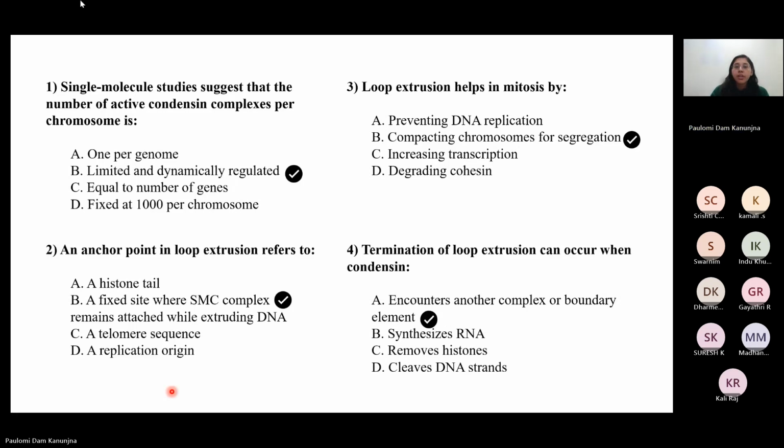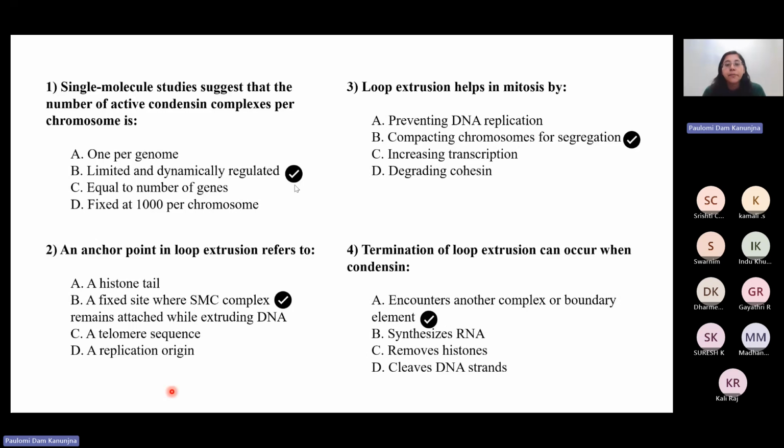Now anchor point in loop extrusion refers to a fixed site where the SMC complex remains attached while extruding DNA. It's very simple. It is the point where your SMC will go and bind, because for any region where the DNA has to extrude out, the SMC has to first sit. The place where SMC binds, or holds itself fixed, is the anchor point.